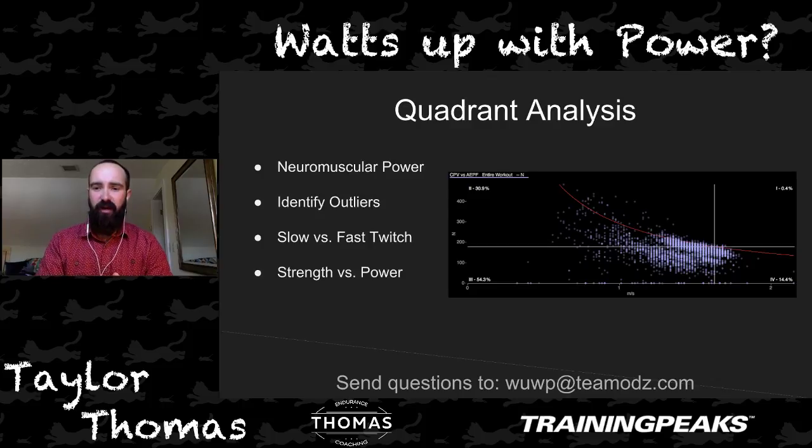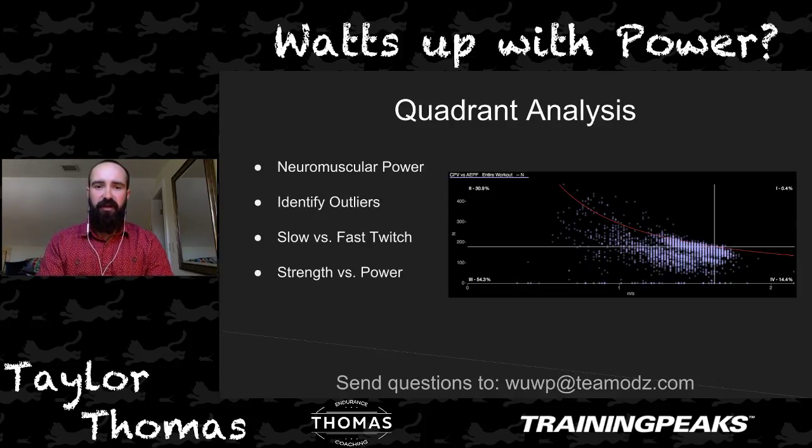That could be any muscle, but specifically as it's important to us as cyclists, it tends to be the muscles in your legs. So quadrant analysis can start to give us some insight into how well our body is equipped to produce neuromuscular power and at what rate that can happen.